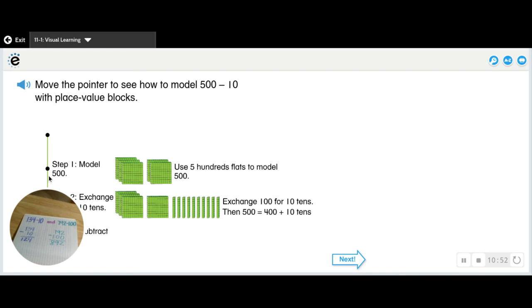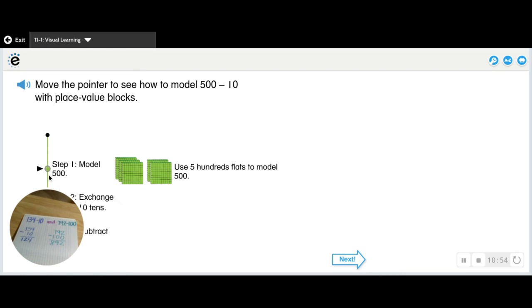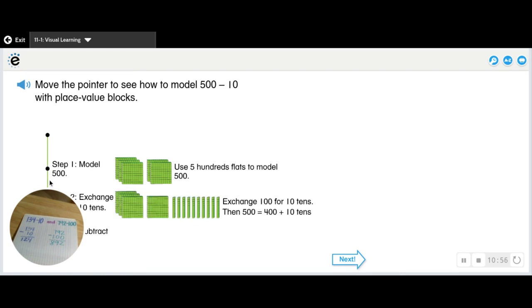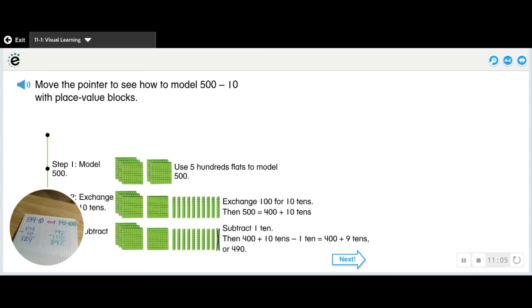Exchange 100 for 10 tens. Uh-oh. Then 500 would equal 400 plus 10 tens. And lastly, you will subtract 10, then 400 plus 10 tens minus one of those tens would give us 400 plus 9 tens, or 490.